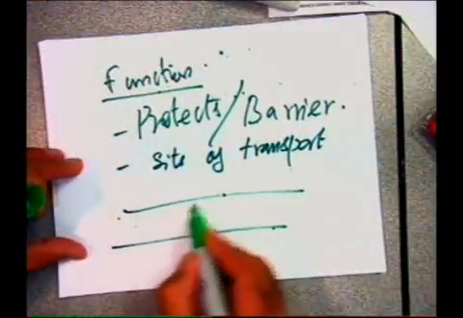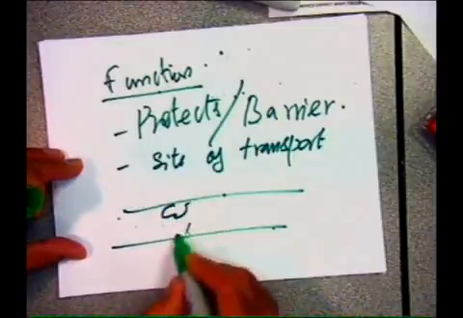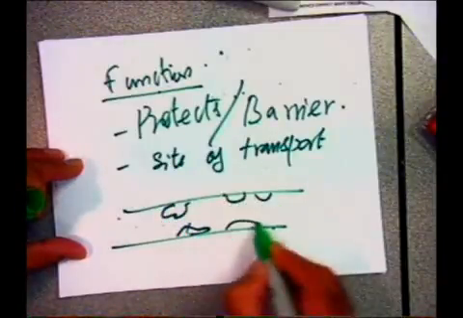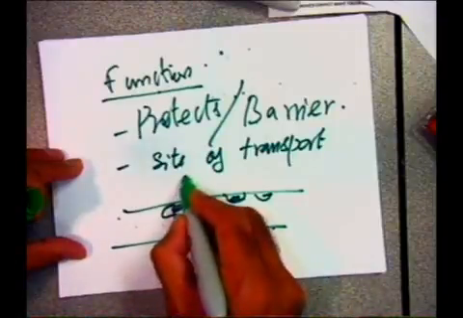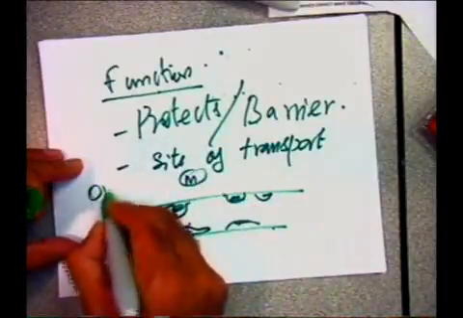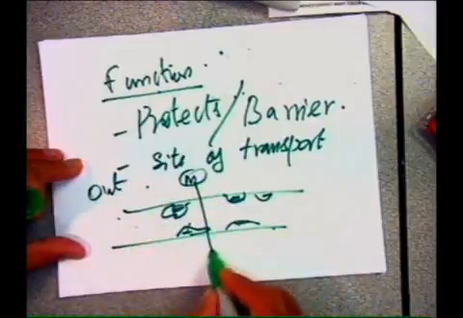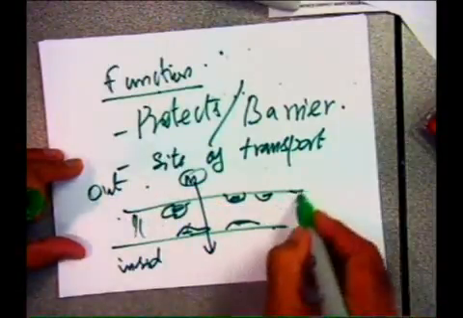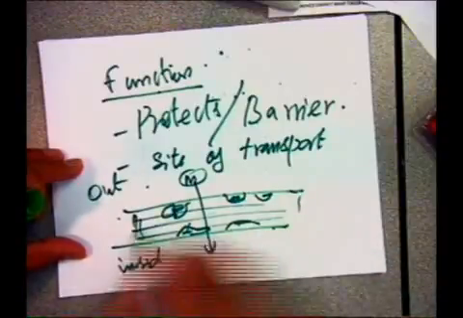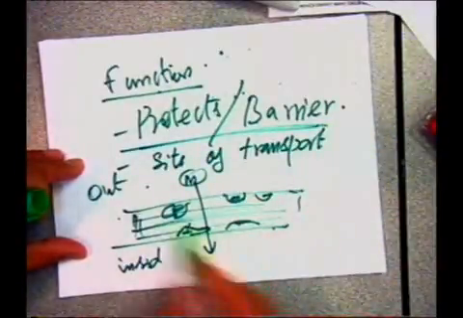There are certain receptors, some molecules sitting on the protein. These are the proteins, and they help the molecules from outside, this is the outside of the cell, go to the inside. So the membrane acts like a barrier which protects the cell.